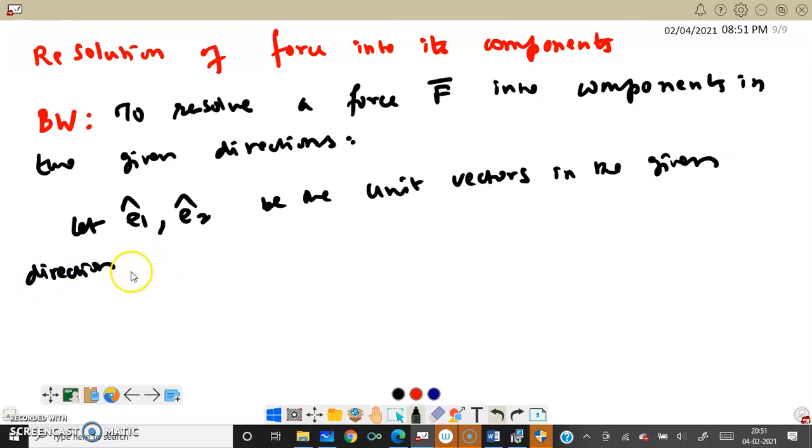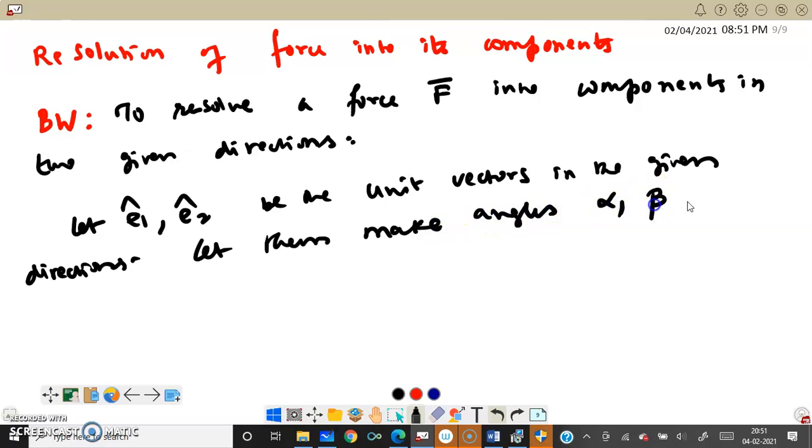Direction is given, right? Let them make angles alpha and beta with our resultant F. It makes alpha and beta with F.